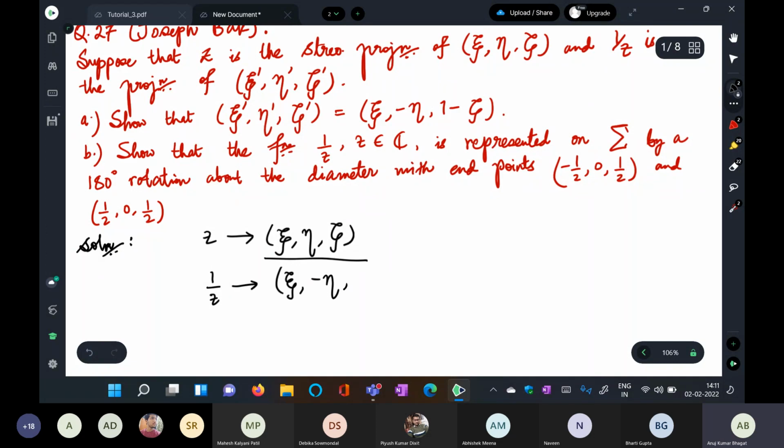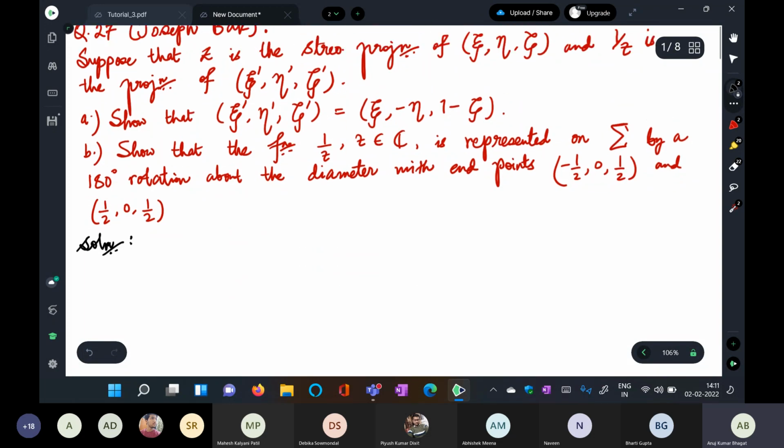It is this minus eta and 1 minus zeta. So if under the stereographic projection the image of z is this, then you can easily find the image of 1 by z. So the proof of the first part is extremely simple. I'll just give you the ideas behind it.